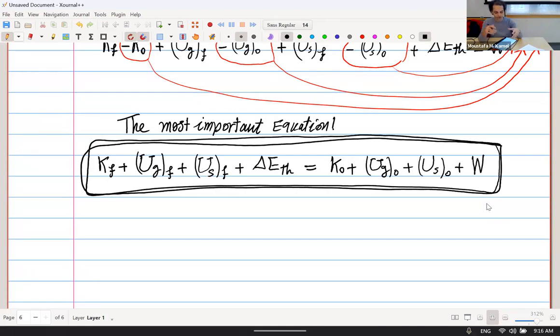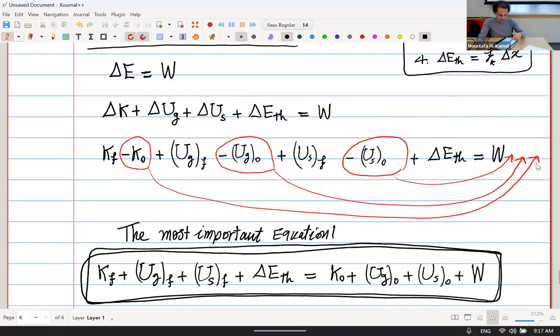So you start with the system with certain energies, you do work on it, the energies change, and you gain thermal energy. This is not conservation of energy yet. This is energy change. This is the most general equation you can get for the forms of energy we have now.